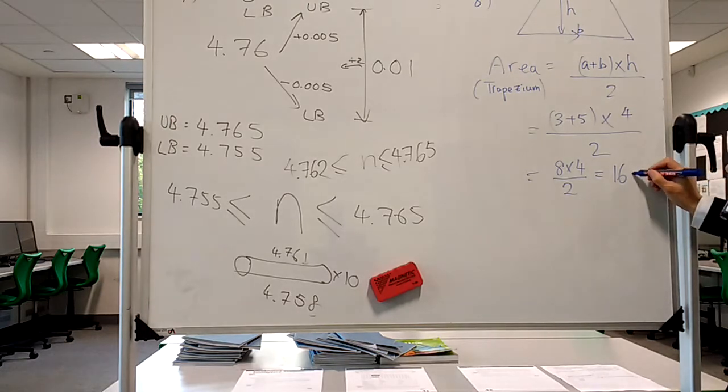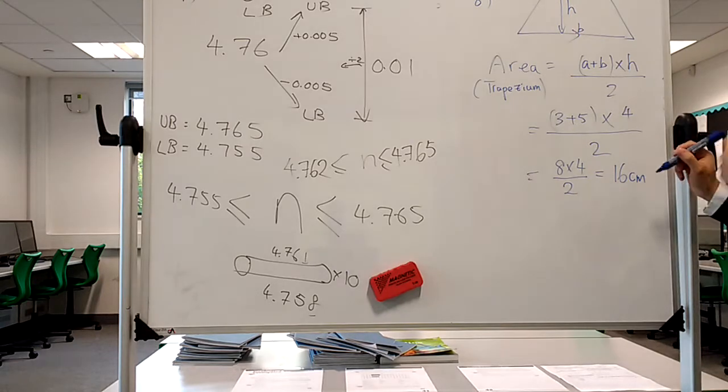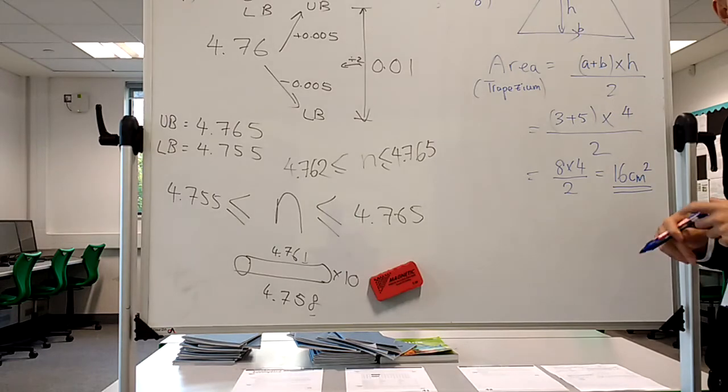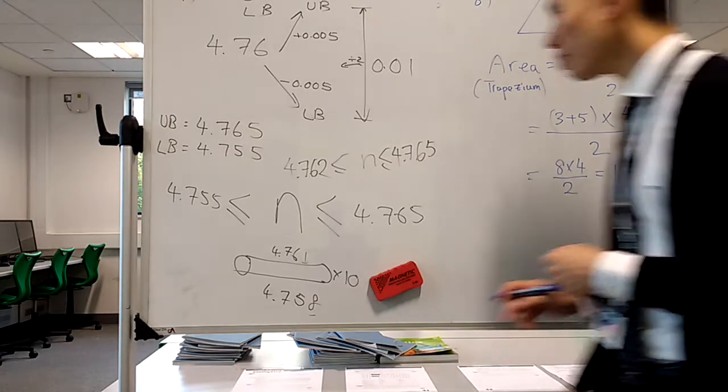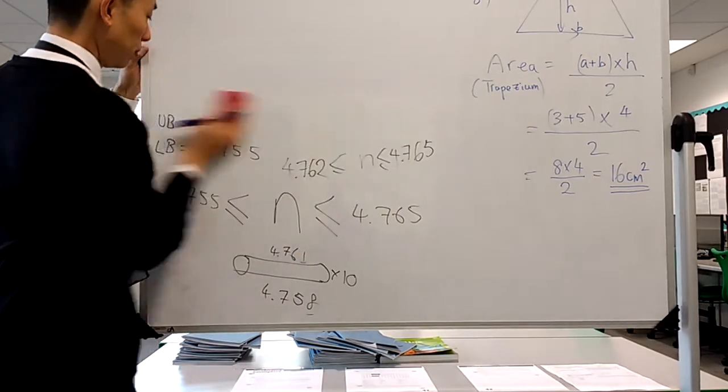But remember to include the units. It might not be important in the exam, because they are likely to write the units for you already. However, when you go to work in the industry, units are vital. Okay, so 16 centimeters squared. Number 9.